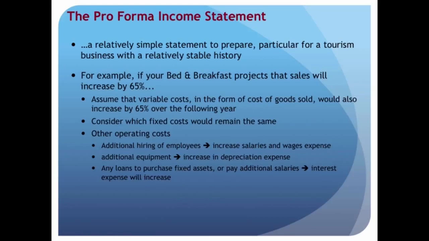For example, increased sales might require additional hiring of employees, which will increase salaries and wages expense. The need for additional equipment to respond to the increased business would increase the amount of depreciation expense reported. Will a loan be required to purchase fixed assets or pay additional salaries initially? If so, interest expense for the year will increase.